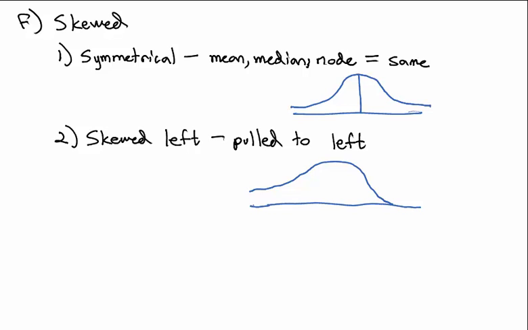It's got this pulled, stretched out left side of the data. Here, the mean, median, and mode are not the same. In fact, the mode is going to be to the right of the other two values. The mean is to the left, skewing it left. Similarly, we can skew the other direction, skewed right. That's when we pull the data to the right.